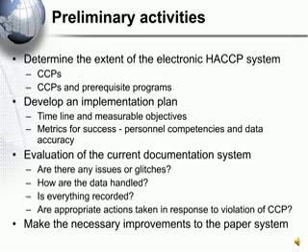Issues observed include not collecting the data at the same location every time, and not entering all of the data into the paper system. Other things that should be evaluated include how the data are handled and the appropriate actions taken in response to violation of CCPs. If issues are found in the paper HACCP system, these issues should be corrected prior to the implementation of eHACCP.